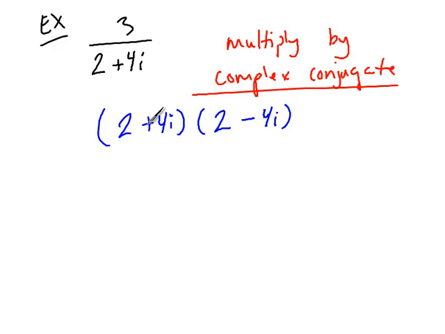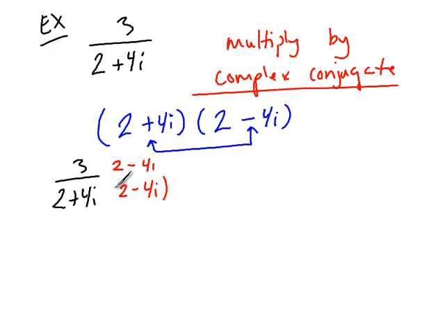All you do is flip the middle sign. Those are opposites of each other. So for this one, we will rewrite the problem, and then you're going to multiply by 2 minus 4i over 2 minus 4i.